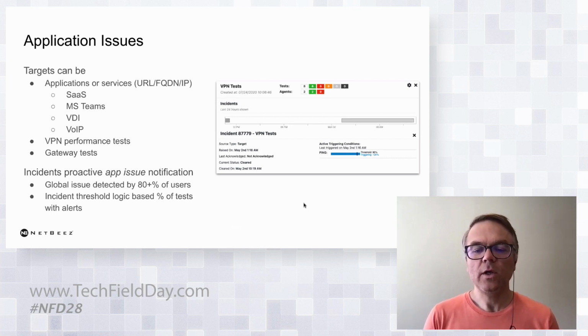So if 80% of your users are seeing a common problem, like slow load time of an application or the application failing to even load, then we can create an incident, as we call them, accessed through either a dashboard or through APIs. From there, we can clearly show that the problem, for example, is on the application side and everybody is affected or not.